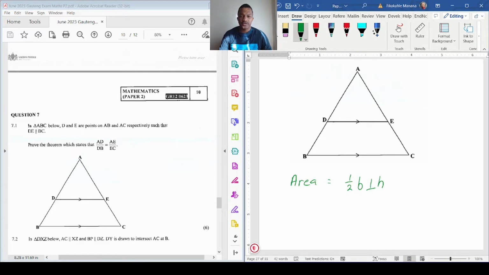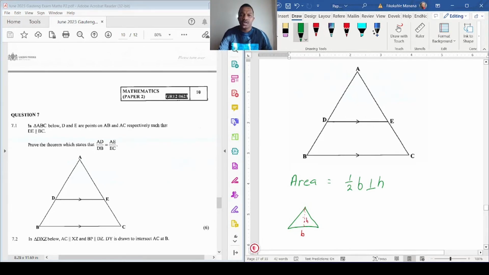The height has to be perpendicular. For example, if you have an acute triangle, then this will be your base, and if that's your base, this is your height right there.